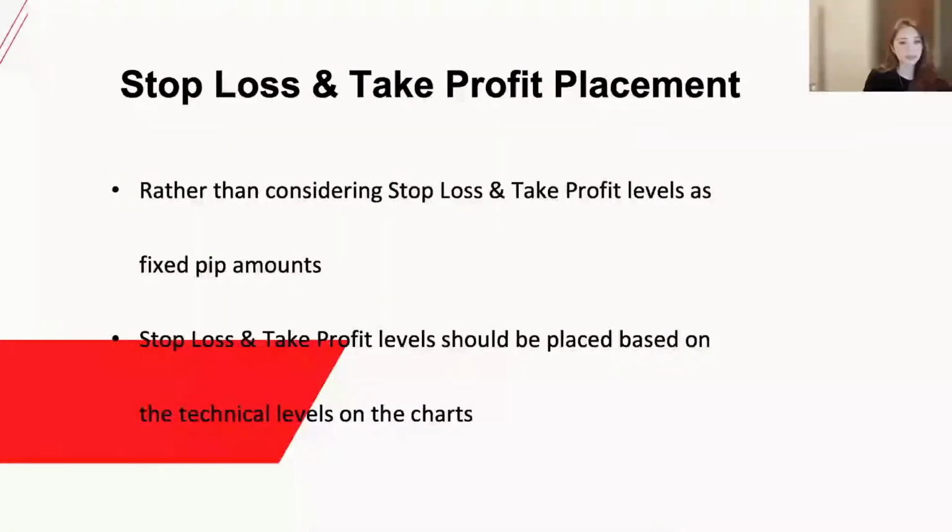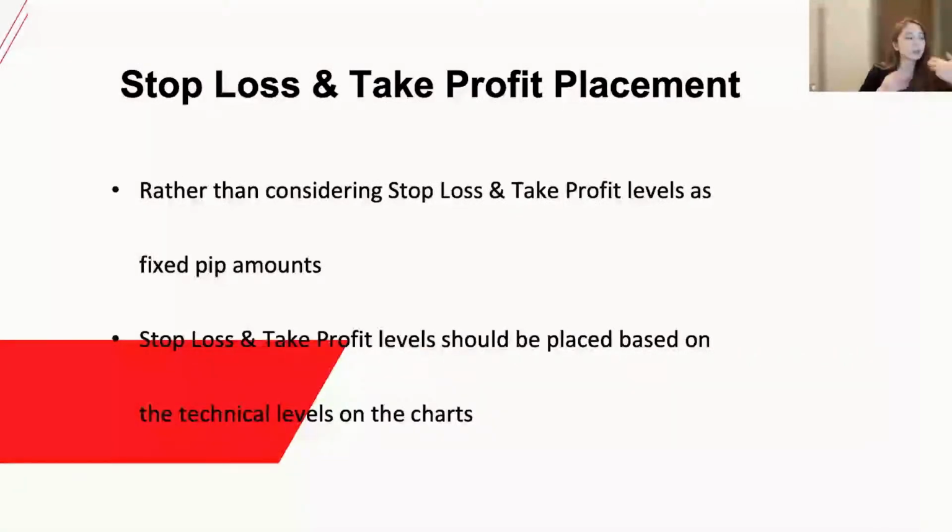So, stop loss and take profit placement. Where is the appropriate price that you should technically look at during your analysis? First point: rather than considering stop loss and take profit levels as fixed pip amounts, they should be placed on technical levels on the charts, right?